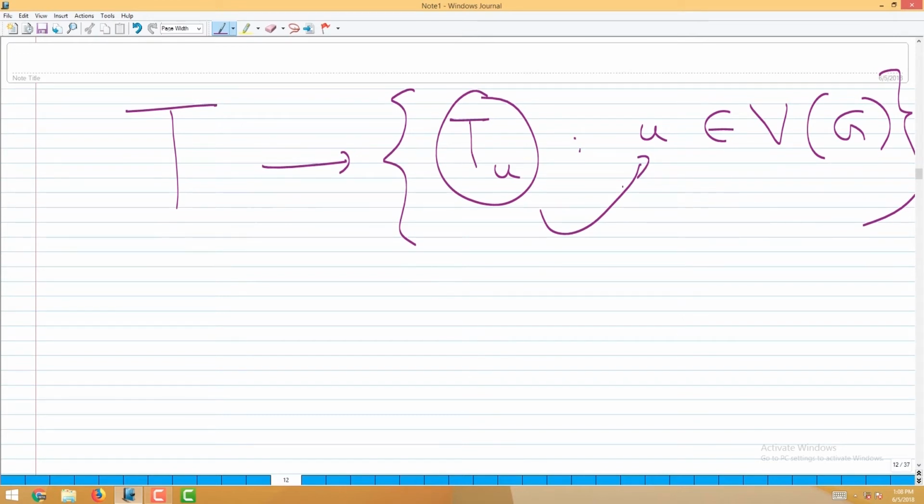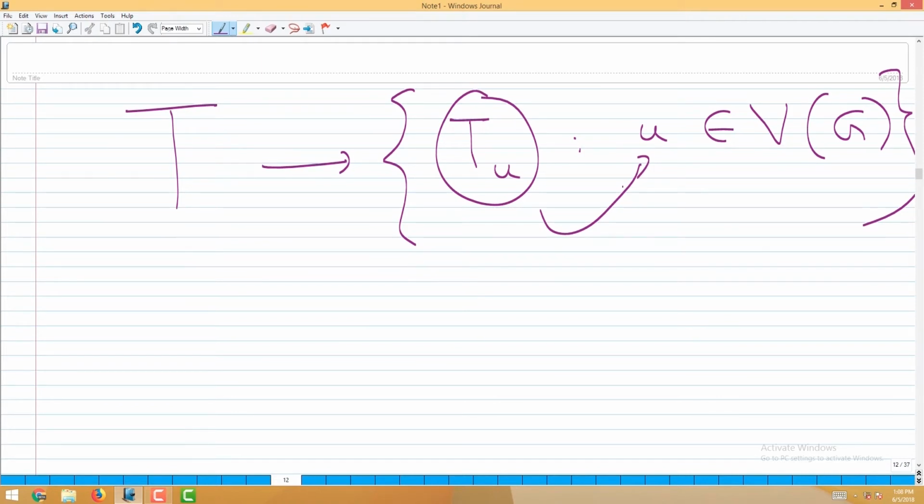Now my claim is that, keeping your original graph somewhere for reference, look at only these subtrees you have created and make the intersection graph of these subtrees. We will get back the original graph, is what I am saying. Why do we get back the graph?